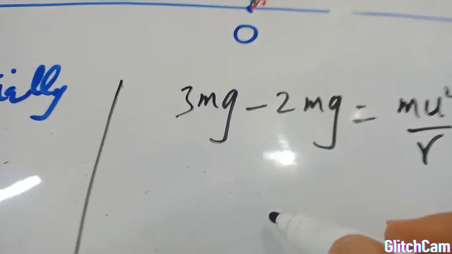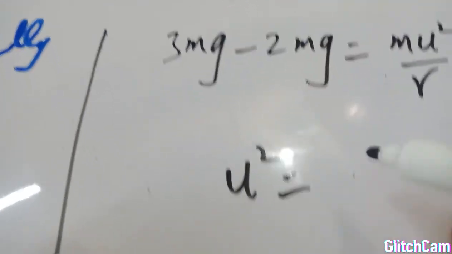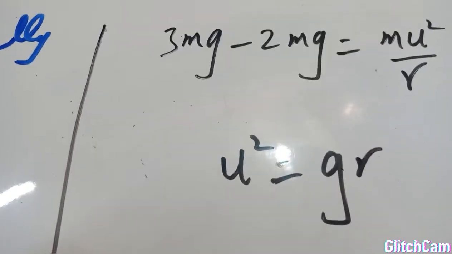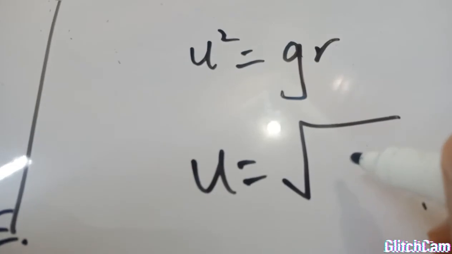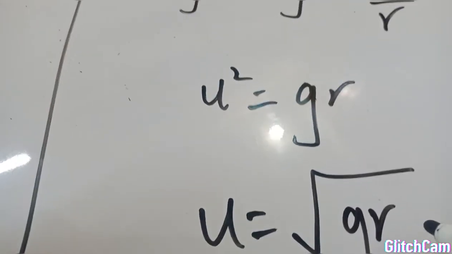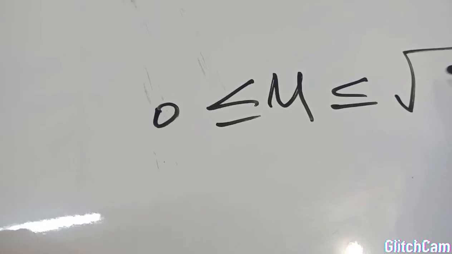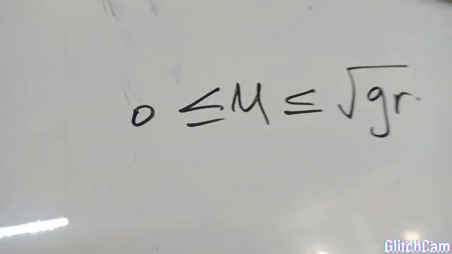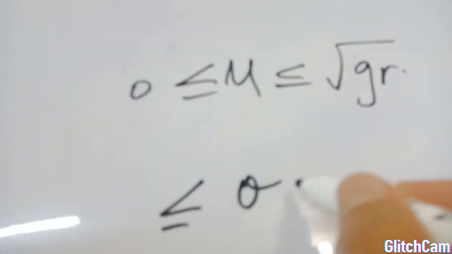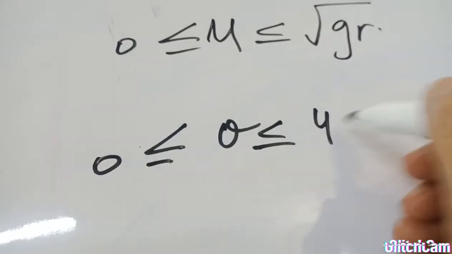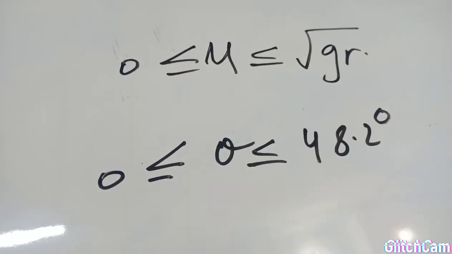This will give you u square equal to gr, and this u is going to be the square root of gr. So if the initial velocity u is between 0 and the square root of gr, then your theta is going to be between 0 and 48.2 degrees.